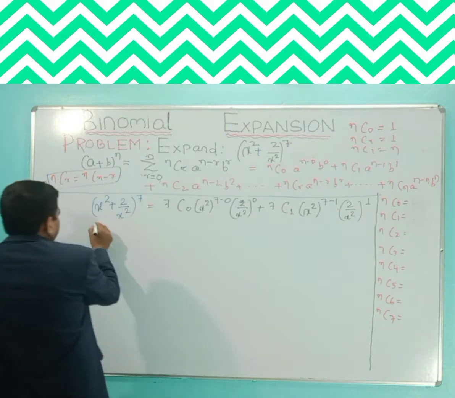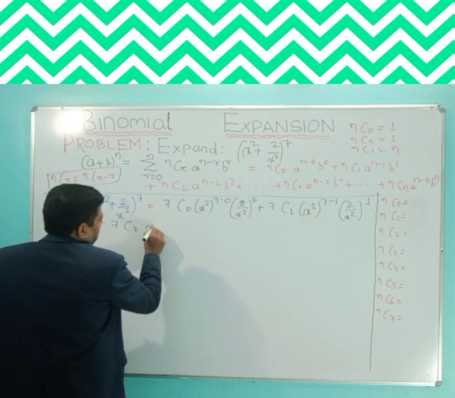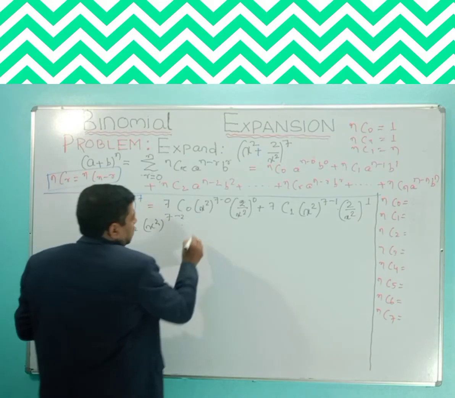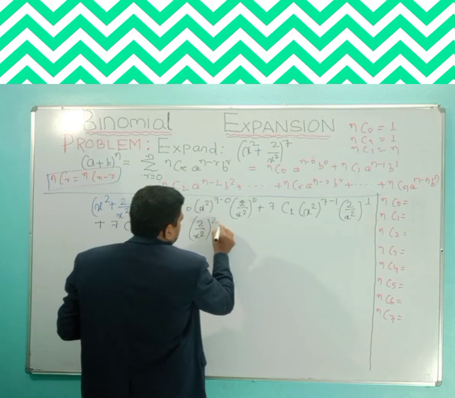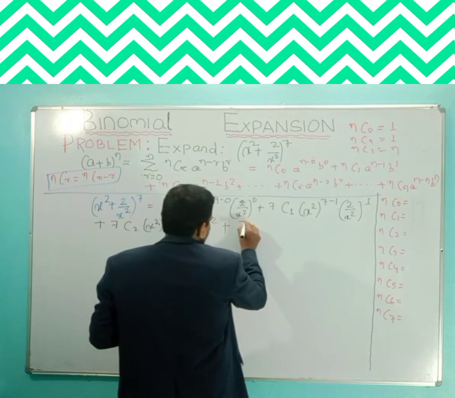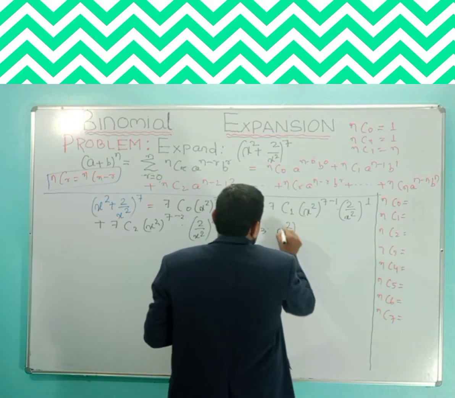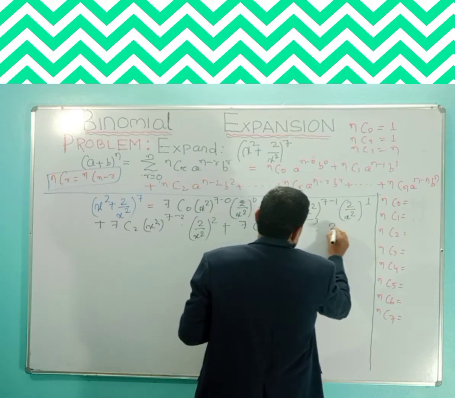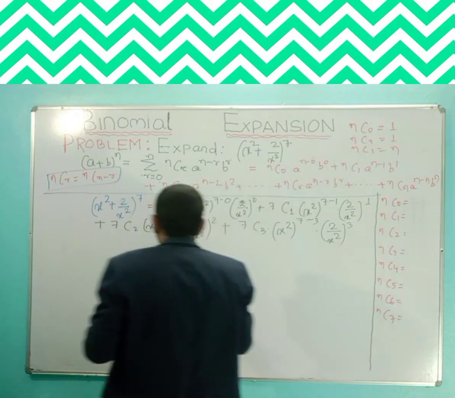Then plus 7C2 (x square) whole to the power 7 minus 2 into (2 upon x square) whole to the power 2, right? Then 7C3, a means x square to the power 7 minus 3, into (2 upon x square) whole to the power 3, right?